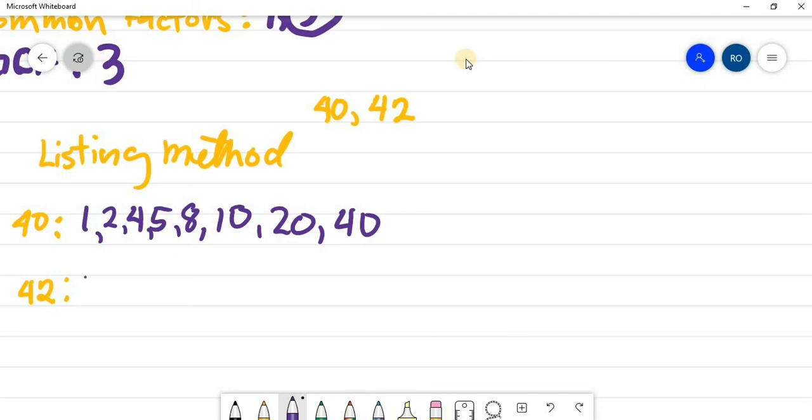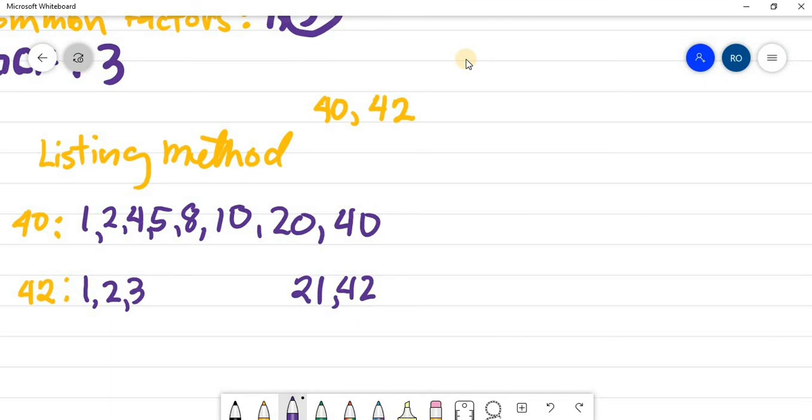Let's have 42. 1 times 42. 2 times 21. Now 3. What number are we going to use to multiply 3 to get the product of 42?